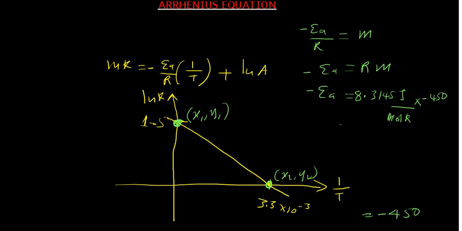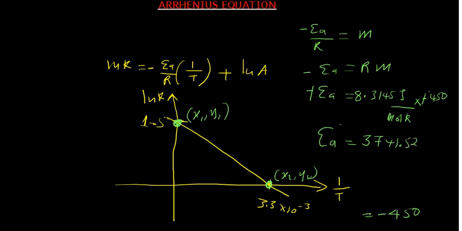So what are we going to have? This is negative, and to cancel with this negative, it remains positive. And so the activation energy is going to be equal to 8.3145 multiplied by 450. That is going to give us positive, because the negative already cancelled out, 3741.525.